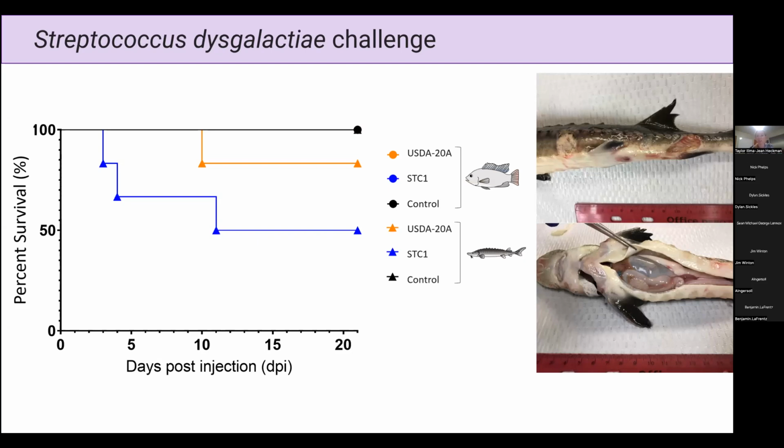The USDA strain didn't cause any mortality in tilapia, neither did STC1, so no tilapia mortalities. And then we had limited mortality caused by the tilapia strain injected into sturgeon, but about 50% mortality with the sturgeon isolate.